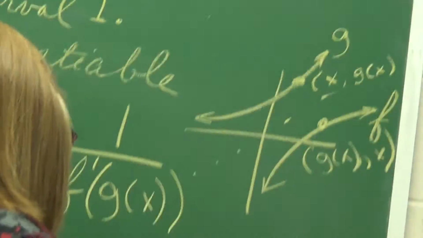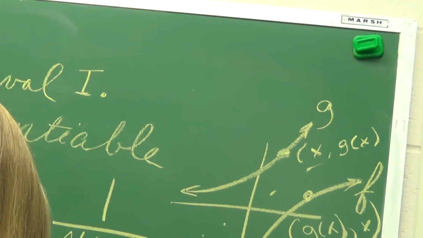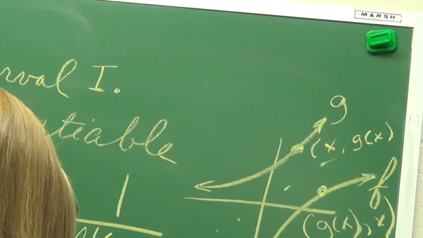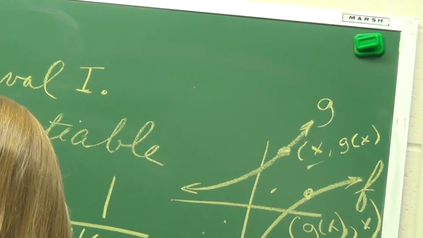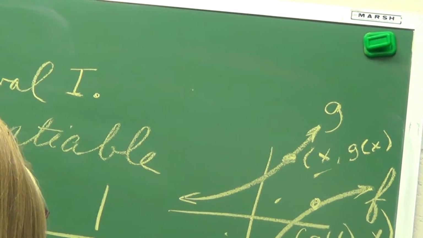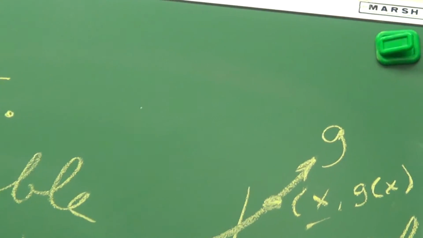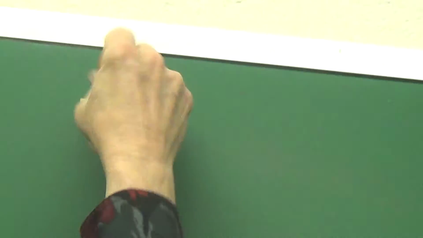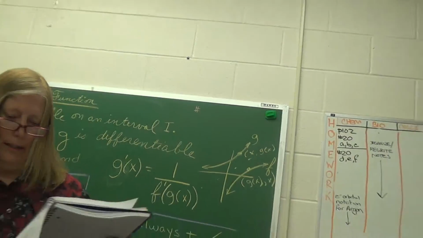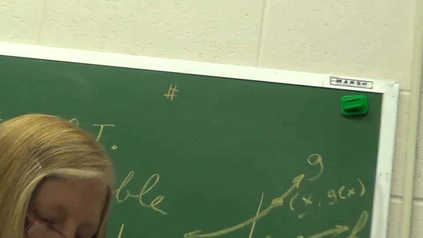It is page 349, number 1 to 8, I think. No, that's not right, because I remember we did one of them. Let me see. Thought I wrote it down clearly, but I obviously didn't.